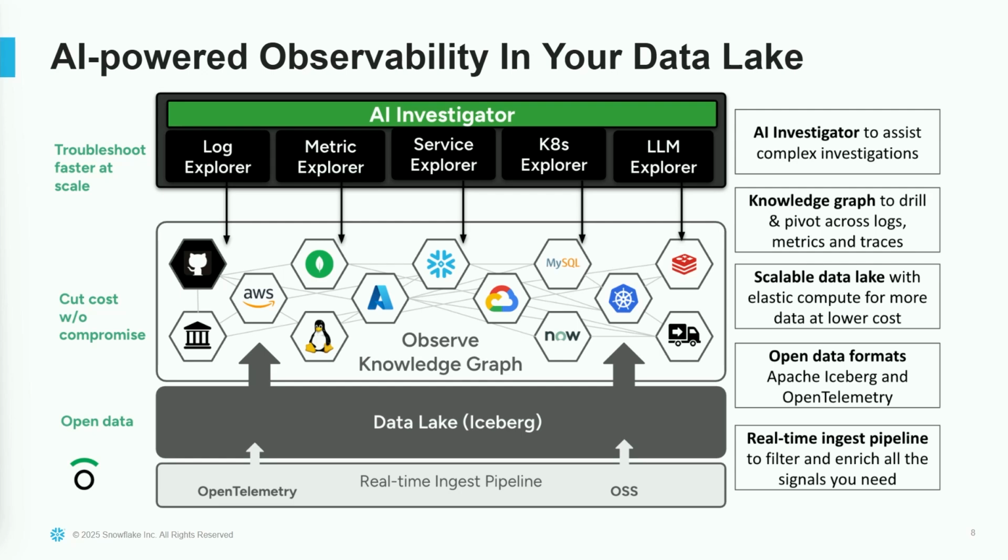All of this is built upon a data lake foundation, which is the most cost-effective way to store your telemetry data. At the core, we believe that the observability problem is a data problem. That's why we chose to store all your telemetry data, logs, metrics, and traces, in a single platform for fast analysis and pivoting.